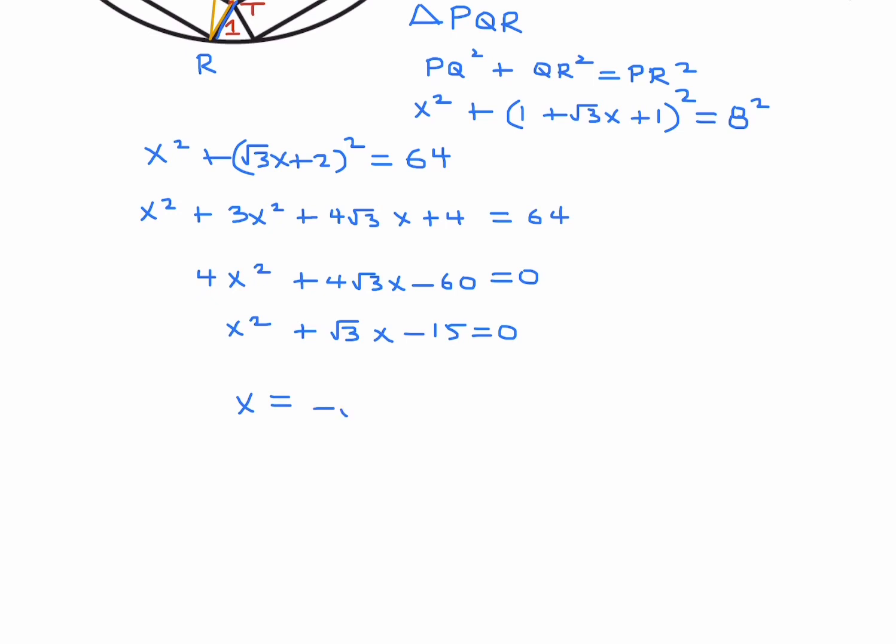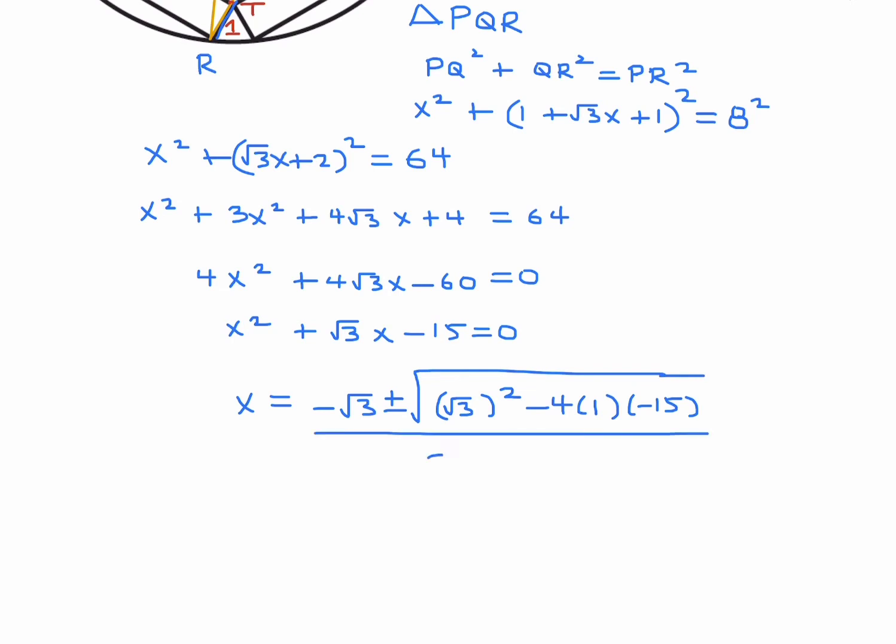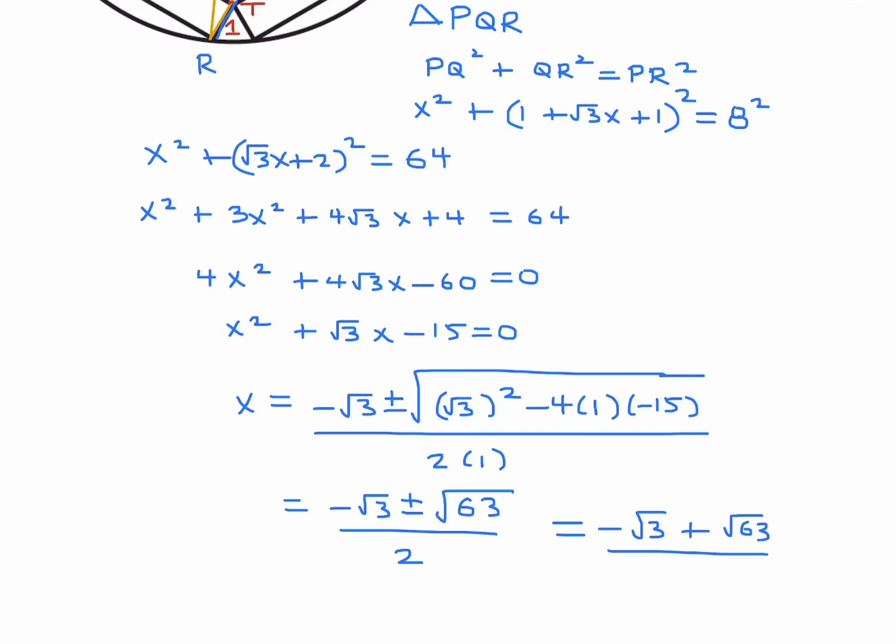So we got x is equal to minus root 3 plus or minus the square root of root 3 squared minus 4 times 1 times negative 15, all over 2a. And this looks like minus root 3 plus or minus the square root of 3 plus 60, so root 63, all over 2. Now x is a distance, so it's most likely minus root 3 plus root 63 over 2.